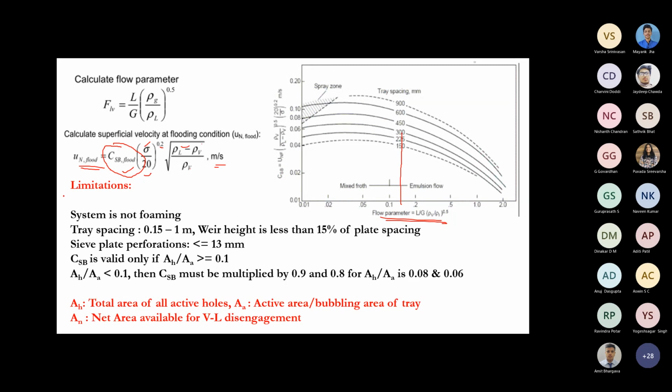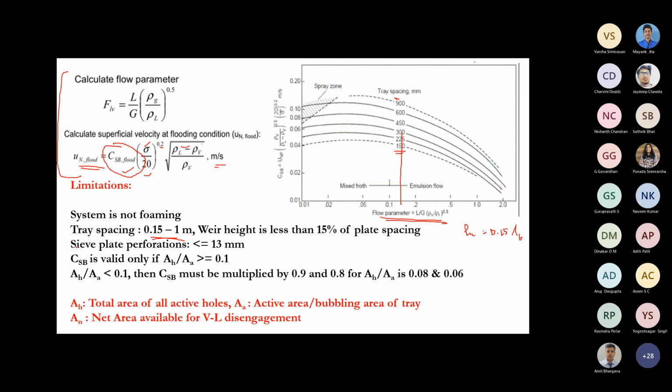So the limitation of using this Fair-Matthews or the Souders-Brown equation is that the tray spacing can be 0.15 meters to 1 meter. The weir height, HW, is 0.15 times the tray spacing.